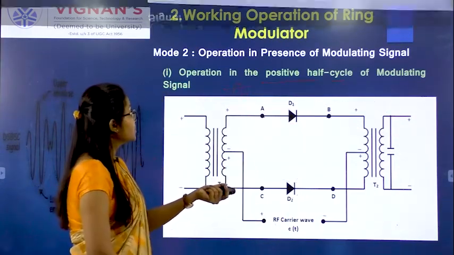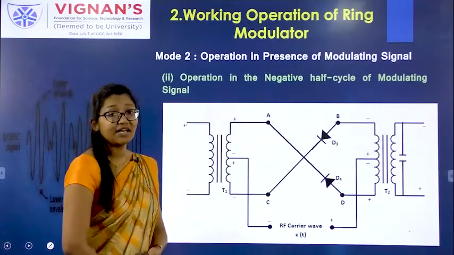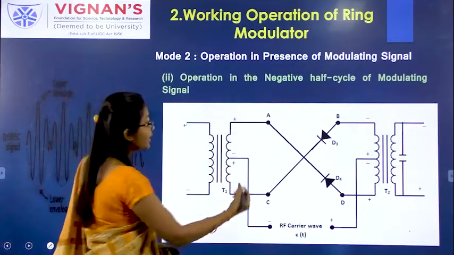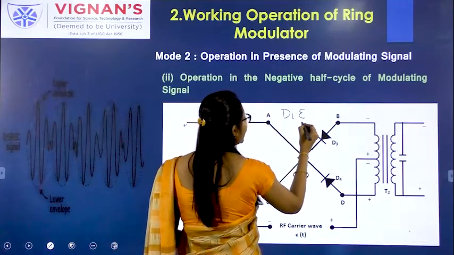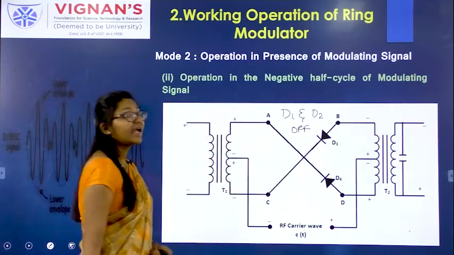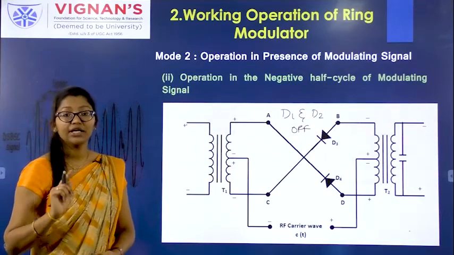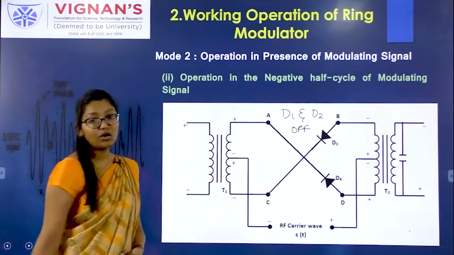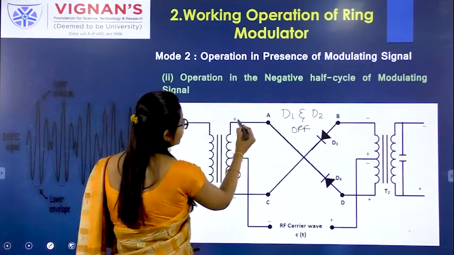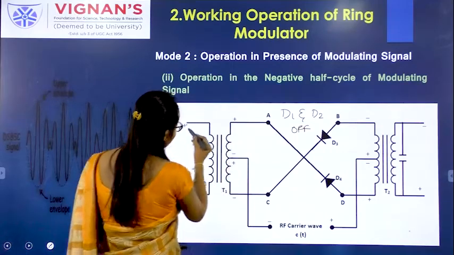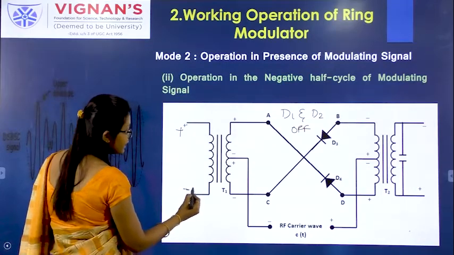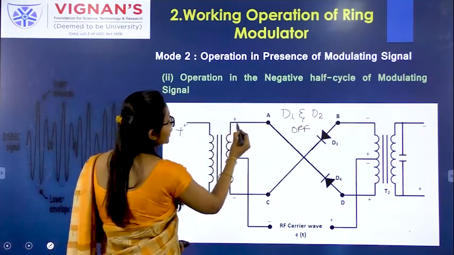And next case, if you see the negative half cycle, what appears here? In the negative half cycle, D1 and D2 are off, D3 and D4 are on. Here I am giving a message signal with plus and minus.